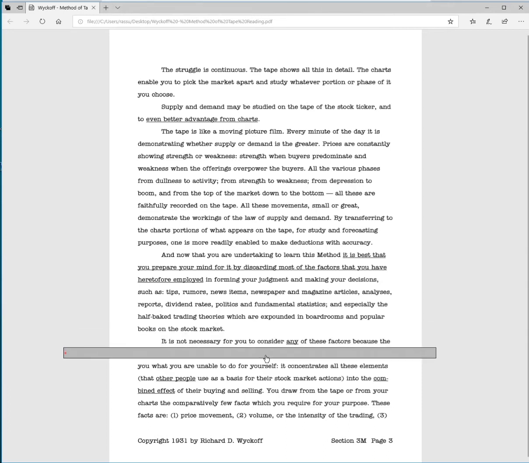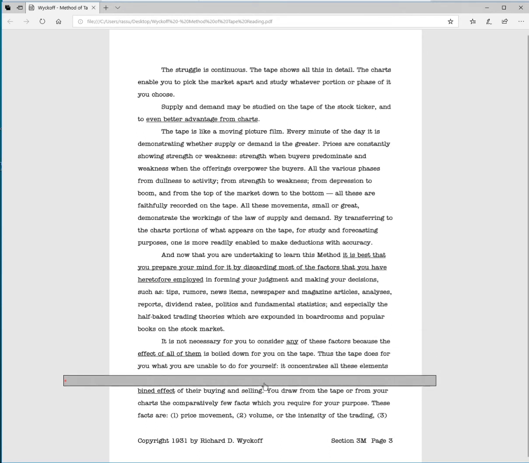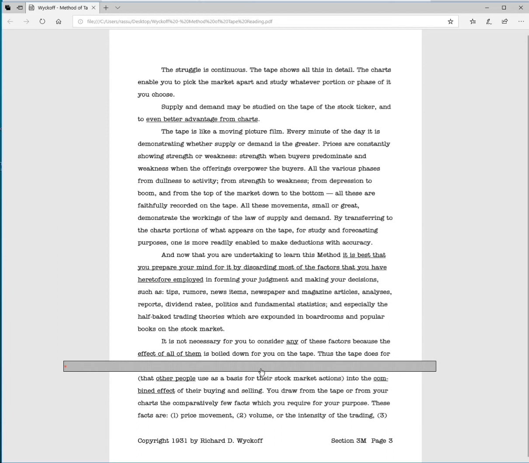Okay, so anyway, it is not necessary for you to consider any of these factors, because the effect of all of them is boiled down to you on the tape. So all earnings, or PE, or it has great new product lines, guidance, all of that, it immediately has an impact on the tape.